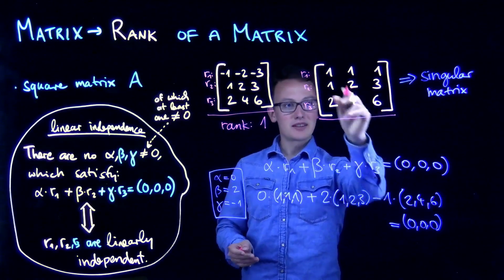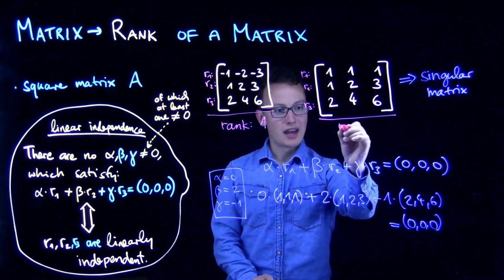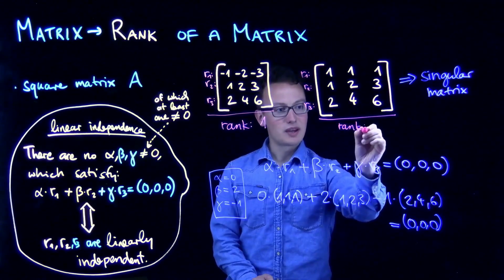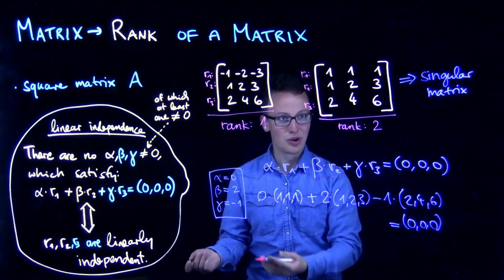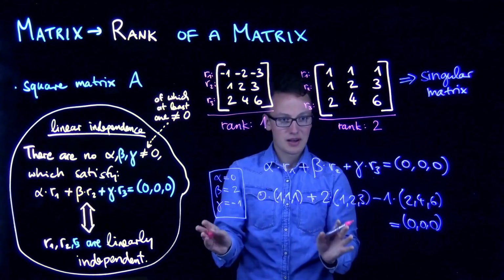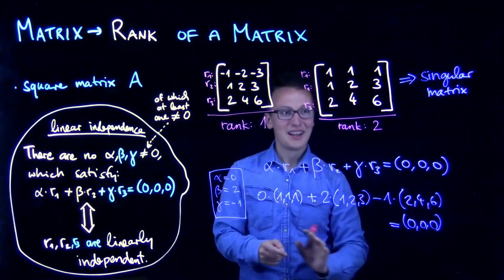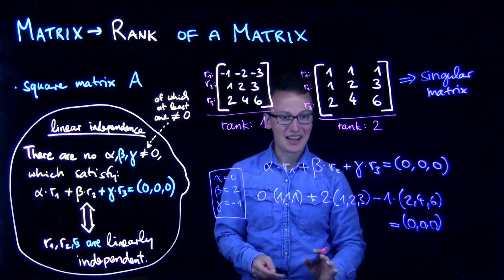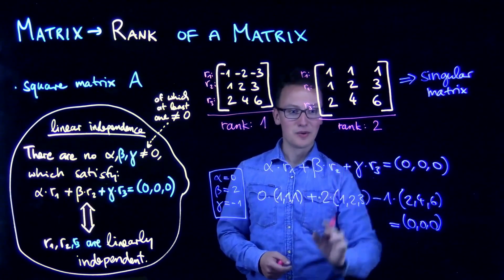And this matrix is a little bit better. It's still a singular matrix, but it has rank 2, meaning that we can pick out a pair of 2 rows, which together in isolation, without the third row, we can find that they are linearly independent. And so that's why this matrix has rank 2.